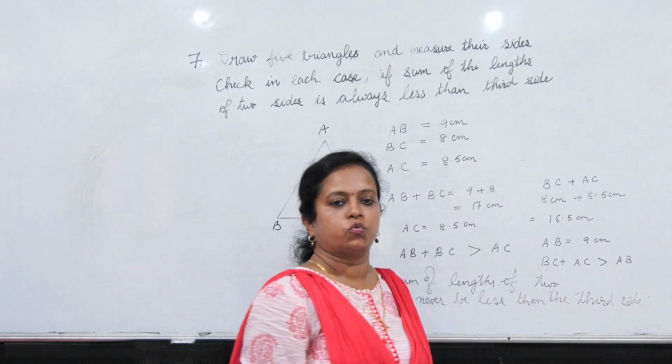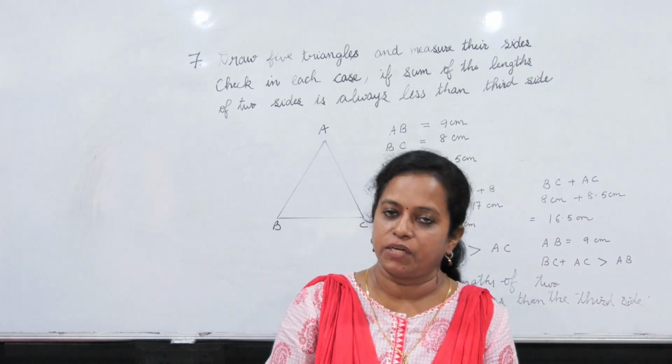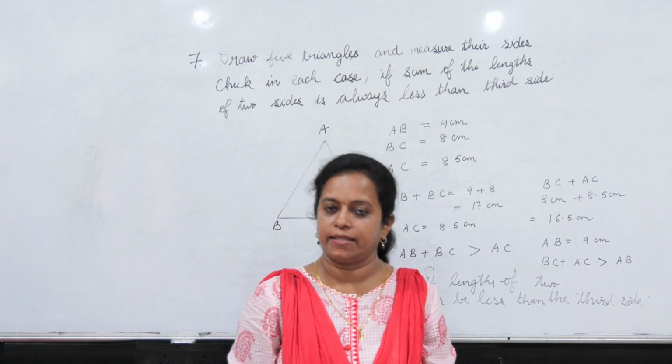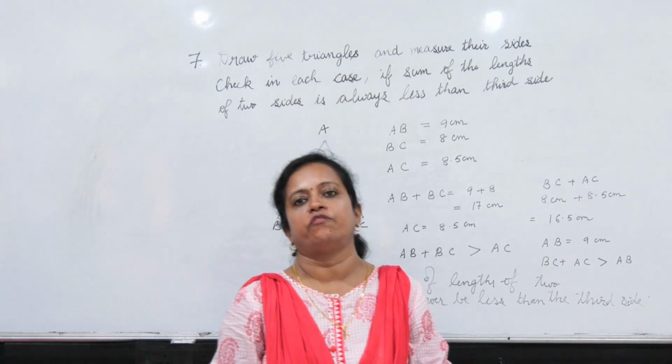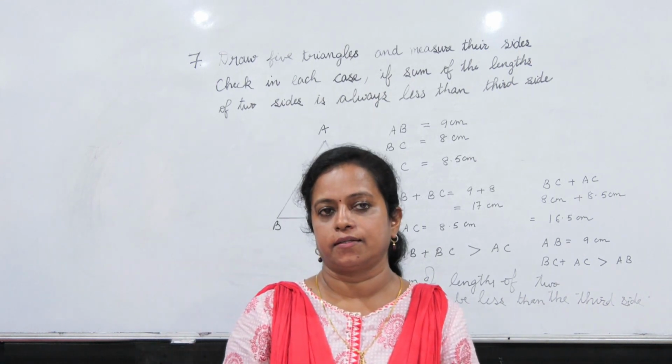This you can try by making any triangles and measuring the three lengths and comparing the lengths. You will find that the sum of the lengths of two sides will always be greater than the third side.